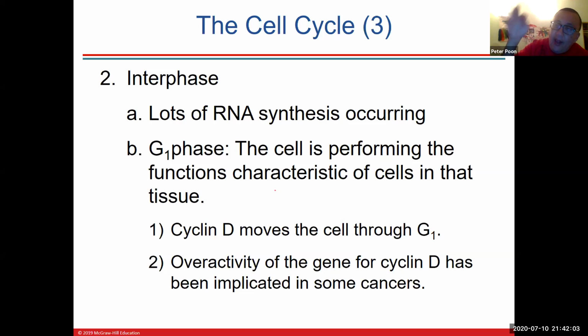When the cyclin load gets big enough, it starts the cell cycle again. Overactivity of cyclin D has been implicated in some cancers, because overactivity of cyclins means the cell is going through cellular replication faster than normal, and most importantly, without all the checks and balances built in.